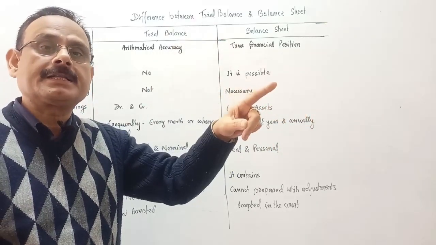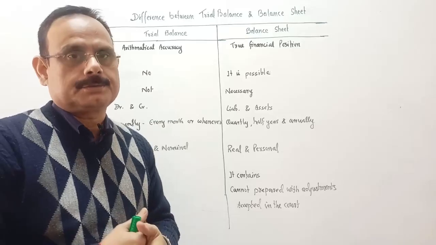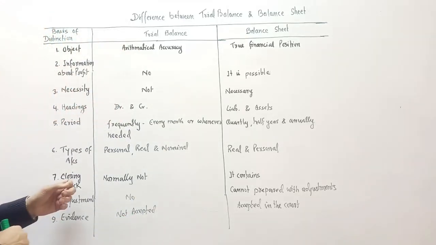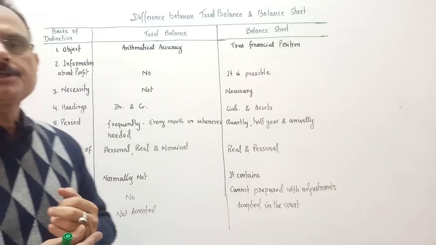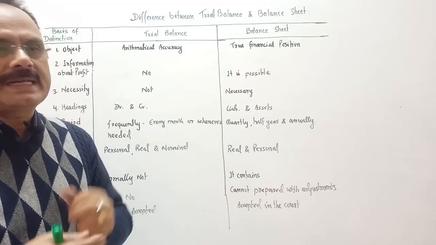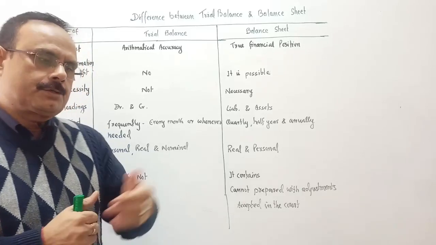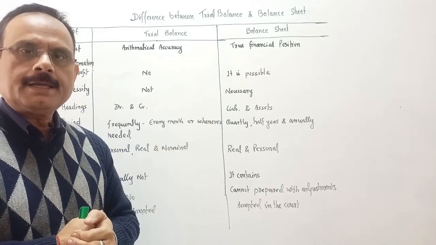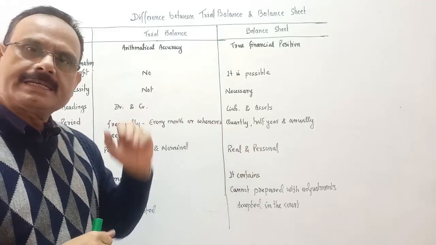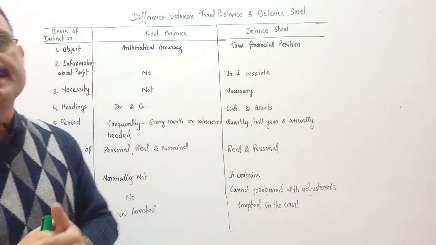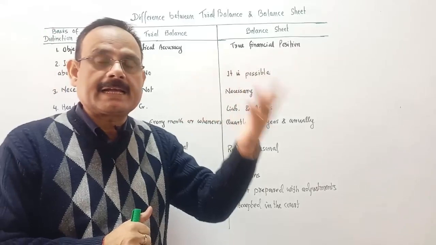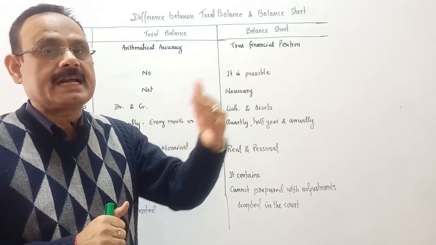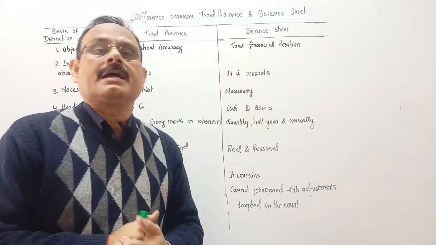It is reflected in the trading and profit and loss account while calculating the profit or loss. Closing stock is normally not shown inside the trial balance. It is normally outside the trial balance, at the bottom. And in the balance sheet, closing stock is reflected on the asset side as a current asset.